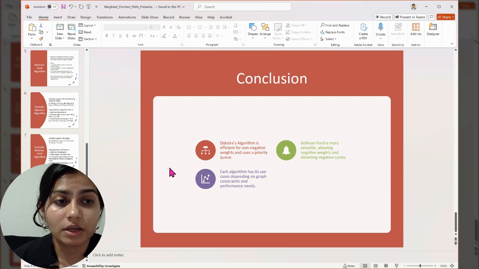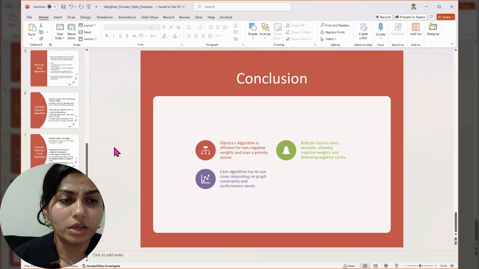Dijkstra's is efficient for graphs without negative weights, as mentioned multiple times, since it works on non-negative weights, whereas Bellman-Ford is slower but handles negative weights and can detect cycles. Each algorithm has its place in real world applications such as network routing, GPS navigation, and AI pathfinding.